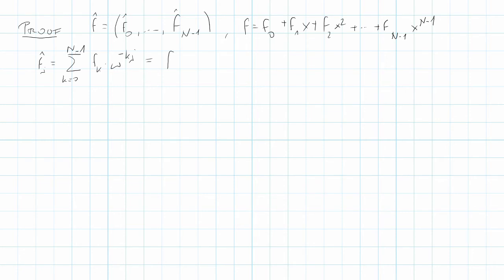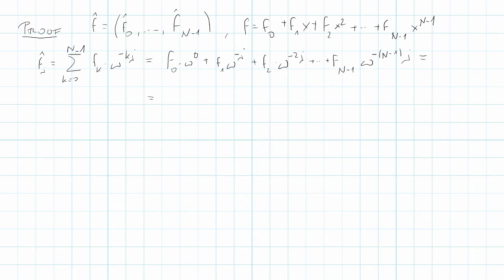First it's f0 times omega to the power 0 plus f1 times omega to the power minus j plus f2 times omega to the power minus 2j, and so on. The last one is fn minus 1 times omega to the power minus (n minus 1)j.